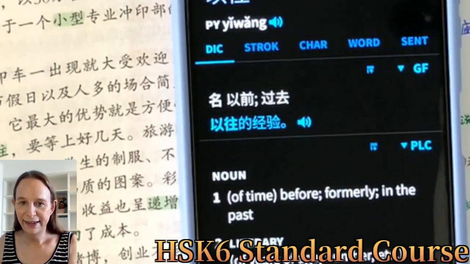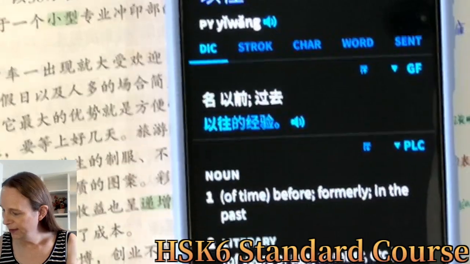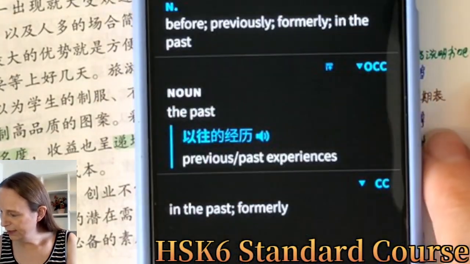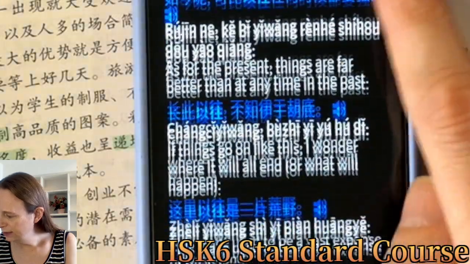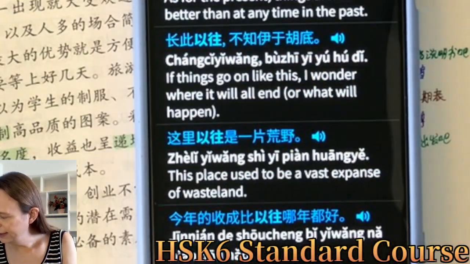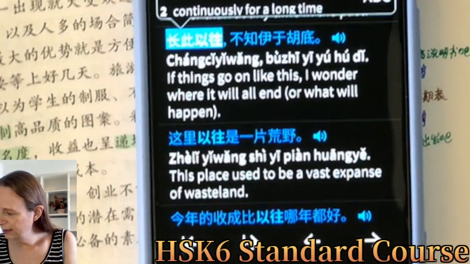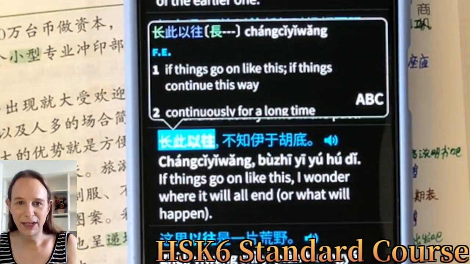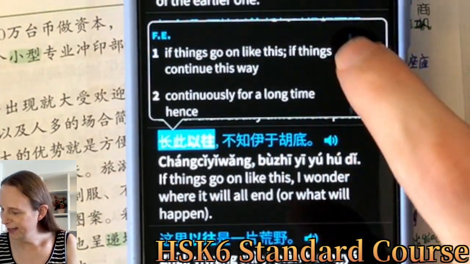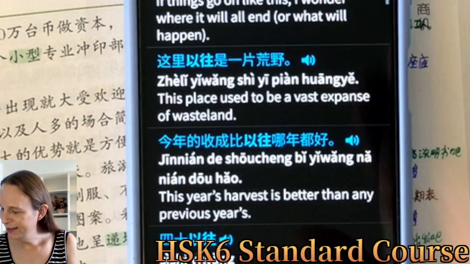So it's a noun. 以往的经验. 以往的经历. 长此以往. Oh, so the 长 here means for a long time, is it? Or if it stays like this.